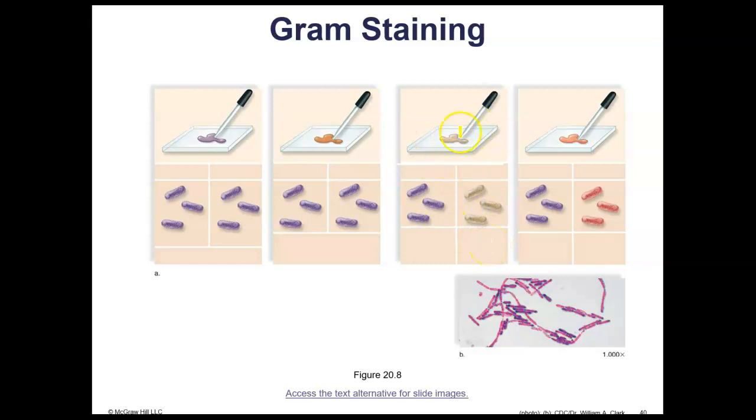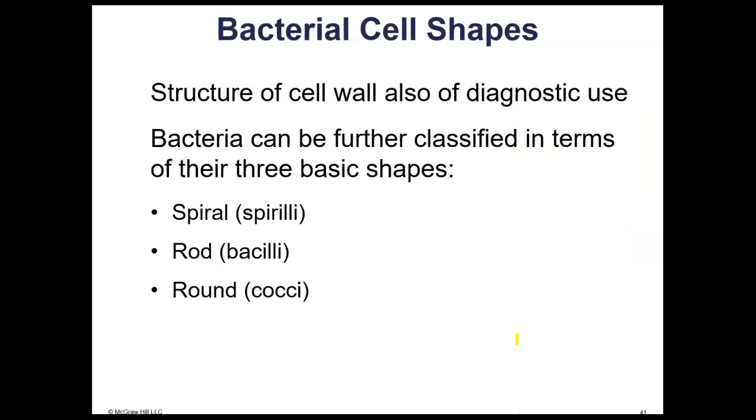So now on the slide, if you were to look under the microscope, you could see the gram-positive bacteria, but not the gram-negative. So the fourth step is to stain the gram-negative bacteria with the red stain, and then this is what you would see under the microscope. The gram-positive bacteria would appear purple, and the gram-negative bacteria would appear pink.